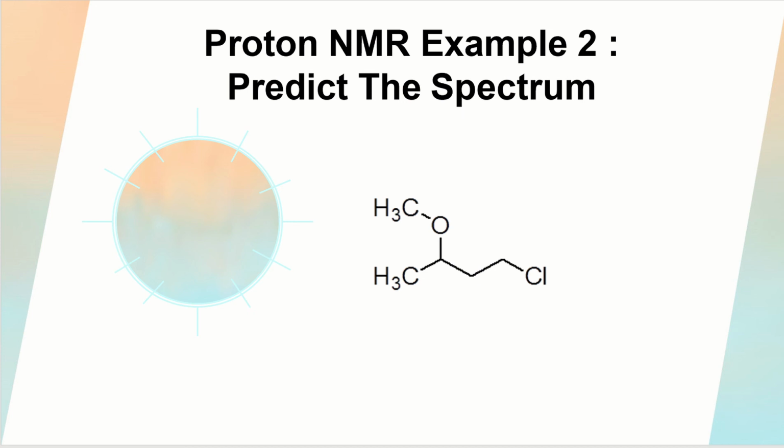So the first thing that you want to do is to count your protons, count the number of electronic environments that you have, right? And then you look at your electronegative elements, and try to estimate our most shielded and our most de-shielded protons by virtue of proximity to our electronegative elements, right?